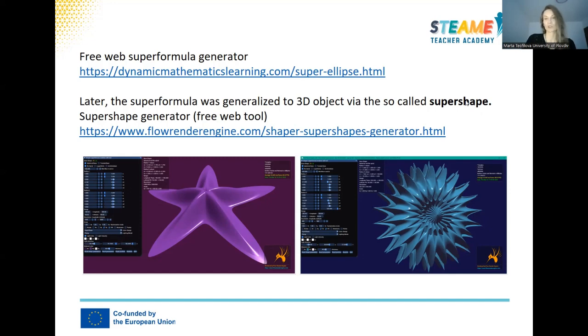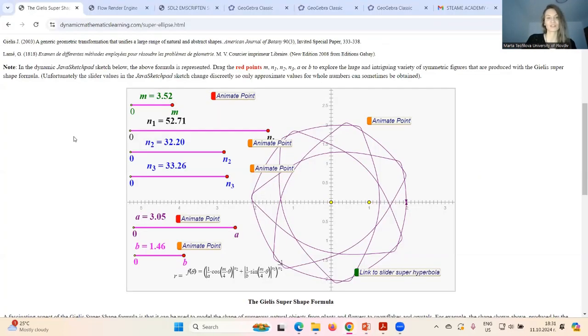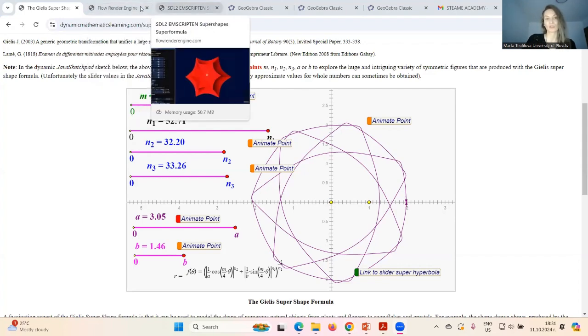And I will show, when I exit the full screen, a free web tool you can use to generate super shapes and 3D super shapes.